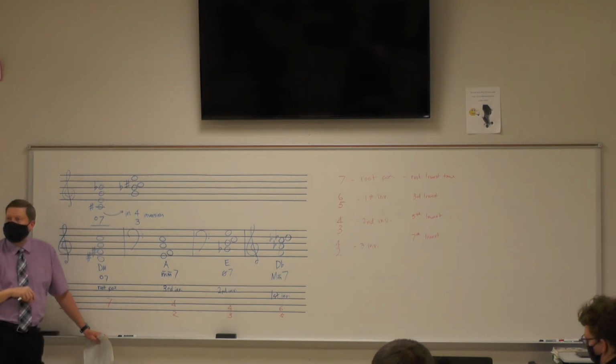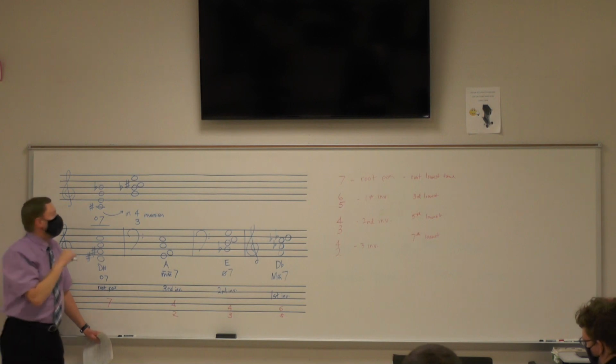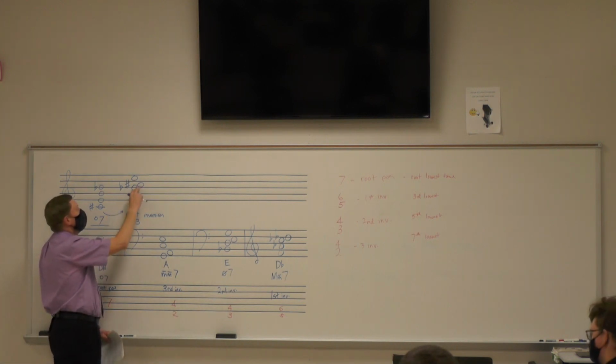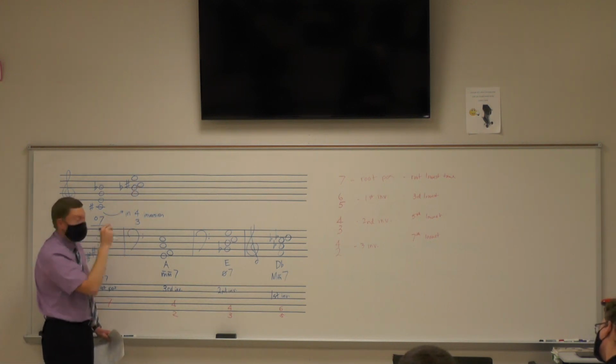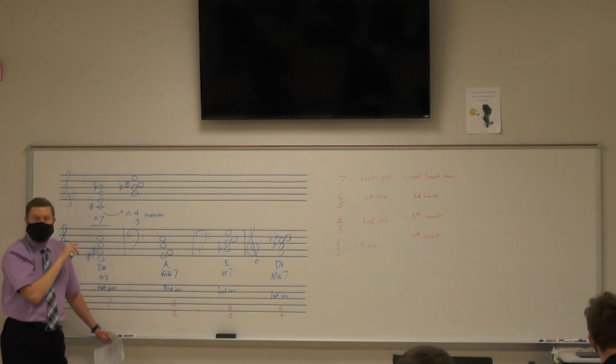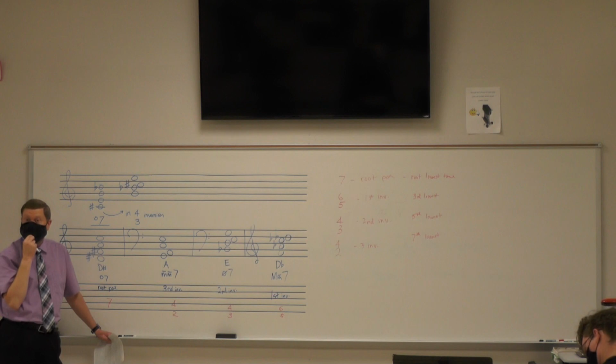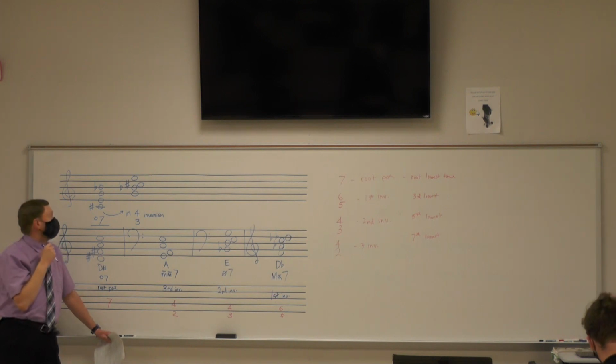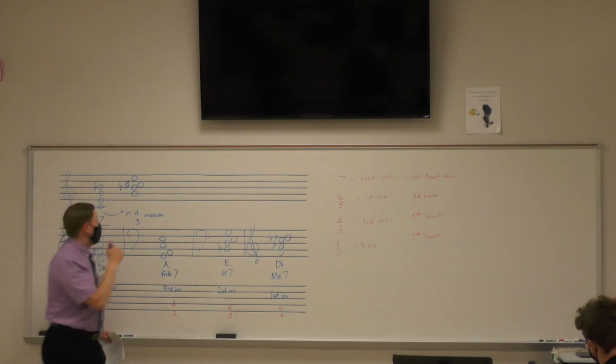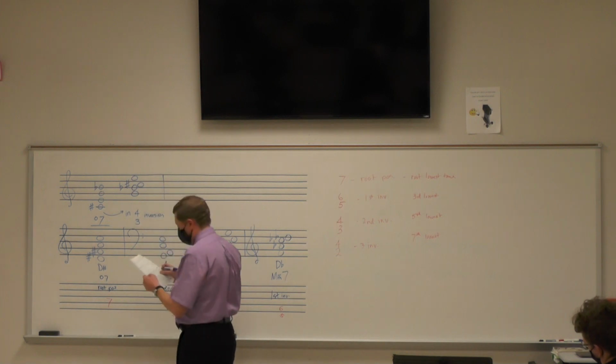Don't worry about it. That's beyond the scope of this class. Just know that when you have two notes that are a second apart, they have to be staggered. They have to be just a little offset, so they're not crashing and cramming into one. Okay? All right, let's try another one.